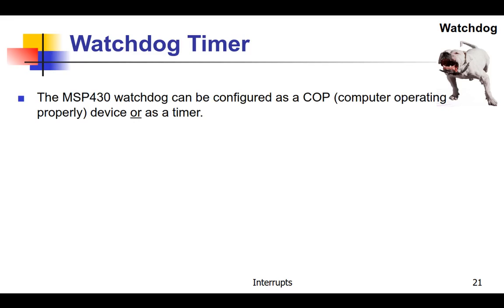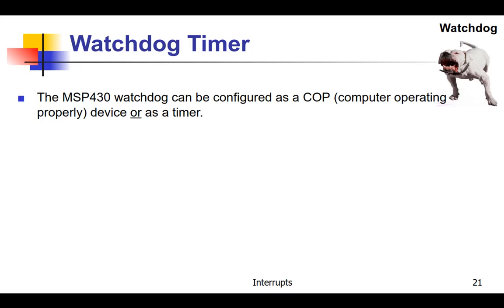The MSP430 watchdog timer can be configured as a COP, also known as Computer Operating Properly device, or as a timer. Basically what the COP device is for is when a program can get frozen or locked up.